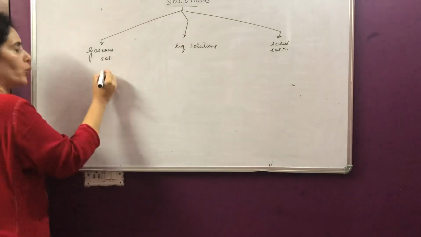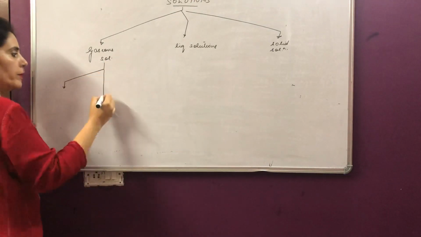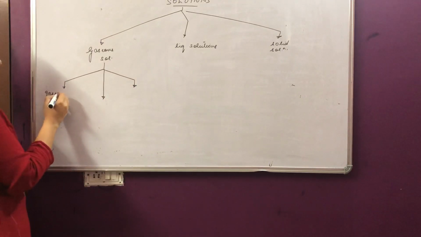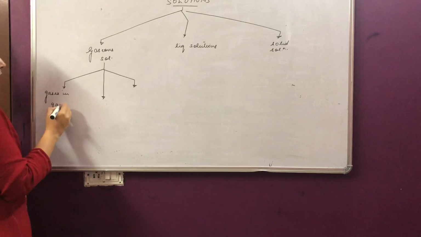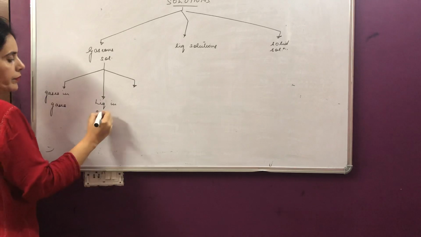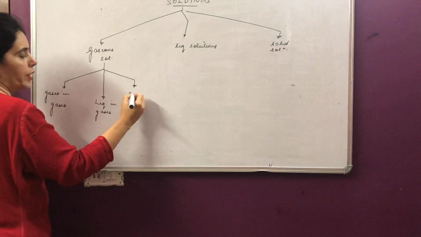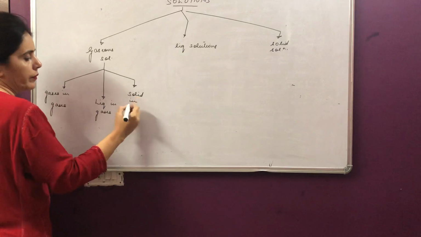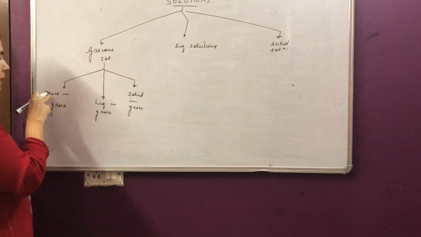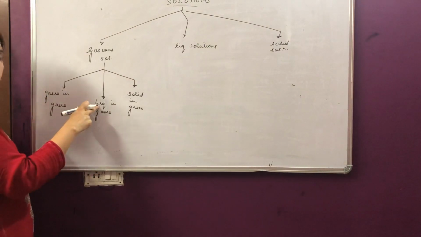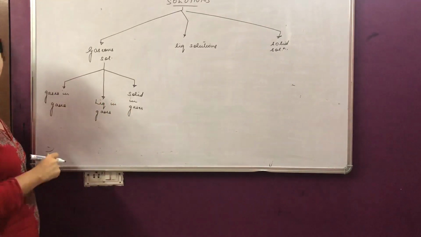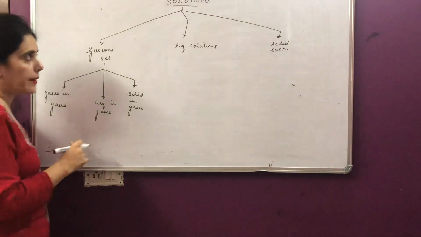Right? Gaseous solutions are further divided into three types. Gases in gases, liquid in gases, and solid in gases. Means here the gas is behaving as a solvent, and this gas is behaving as a solute. Here liquid is behaving as a solute, and this solid is behaving as a solute. And in all the three cases, the solvent is a gas, right?